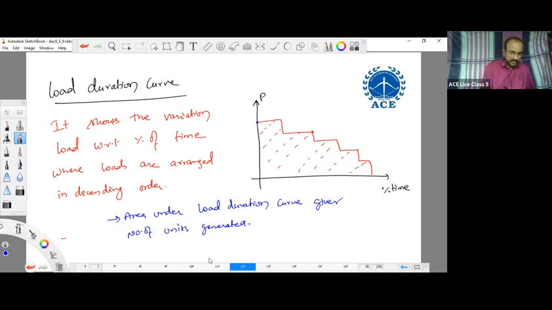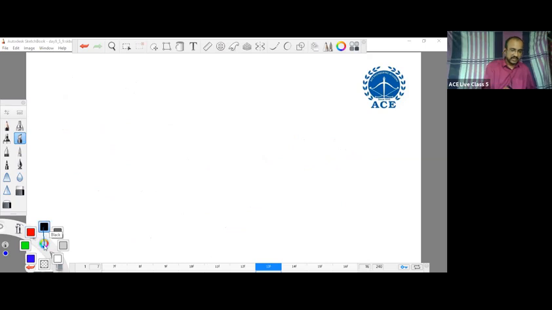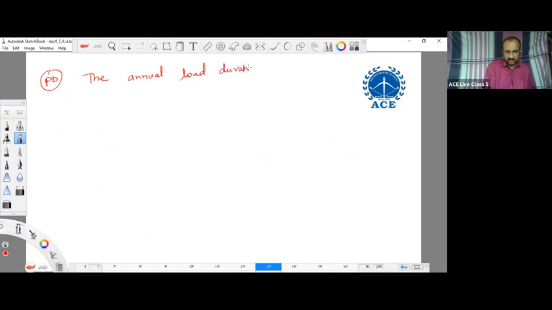Now, suppose the problem is given like this: the annual load duration curve is shown below.